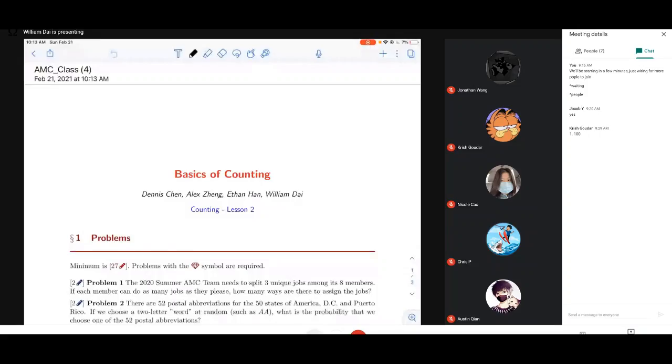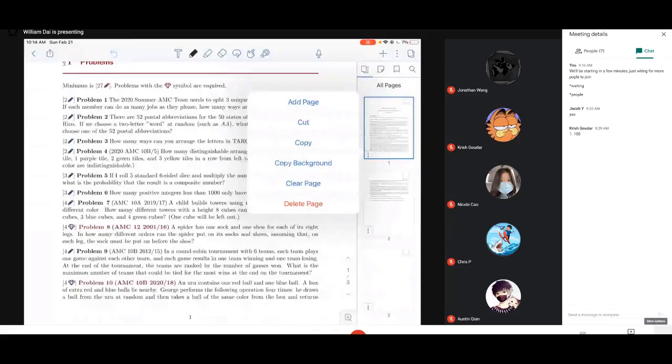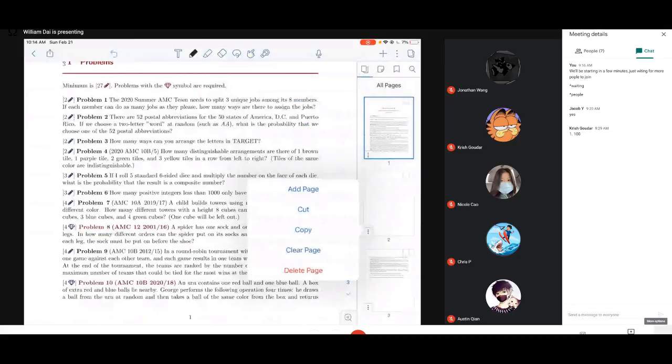Because we're ending at about 10:30ish, we'll be going over this in the meantime. Wait, let me see if I can have two screens here.